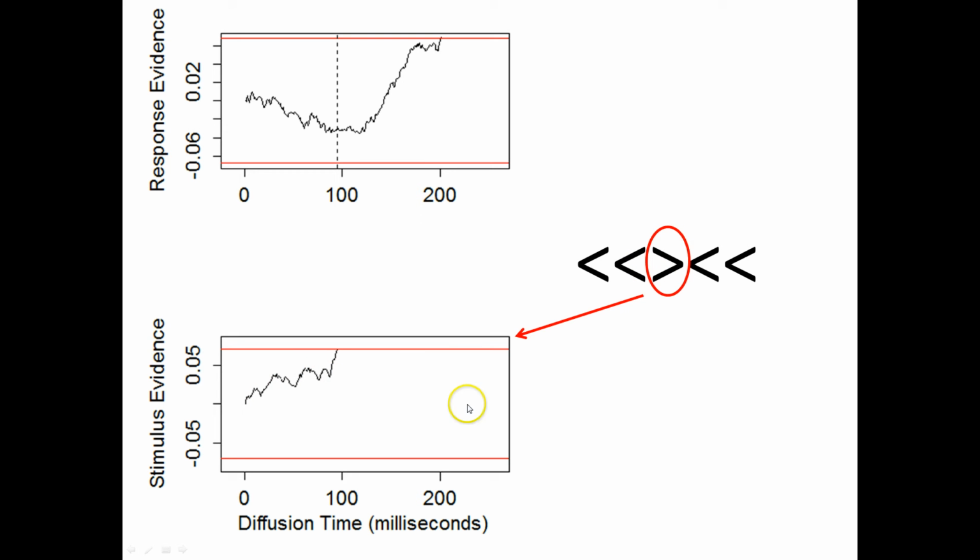If this diffusion process hits the lower boundary, it means that the model has erroneously selected one of the flankers for further processing. You'll see the point in time in which the model has selected an element from this display for further processing is the time point at which the response selection switches to its second stage of processing.